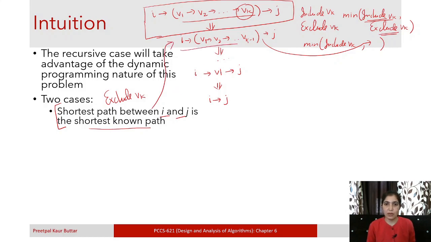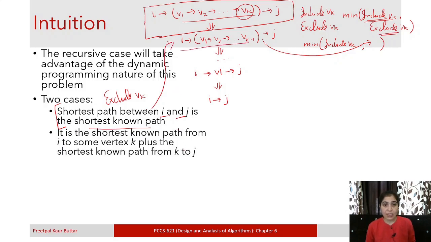So the path which is already known to you as the shortest, which is this, you will just copy its solution. Okay, and the second case is, now you decide to include Vk. So if you decide to include Vk, then it means it is the shortest path from I to vertex k, plus the shortest path from k to j.